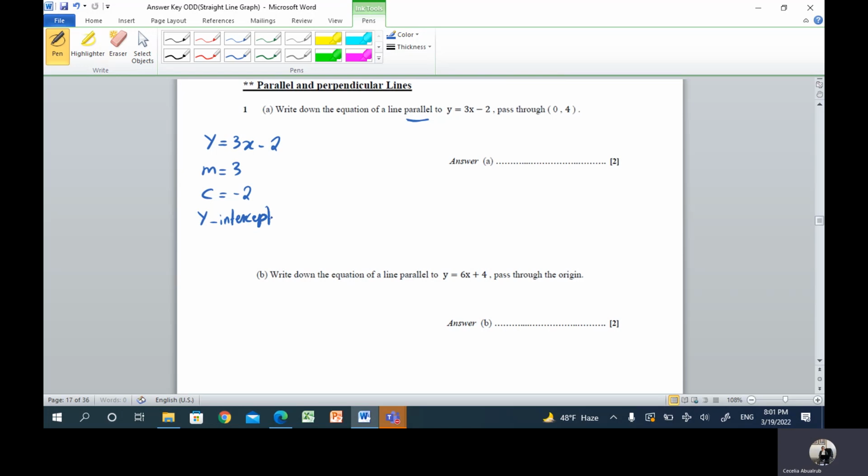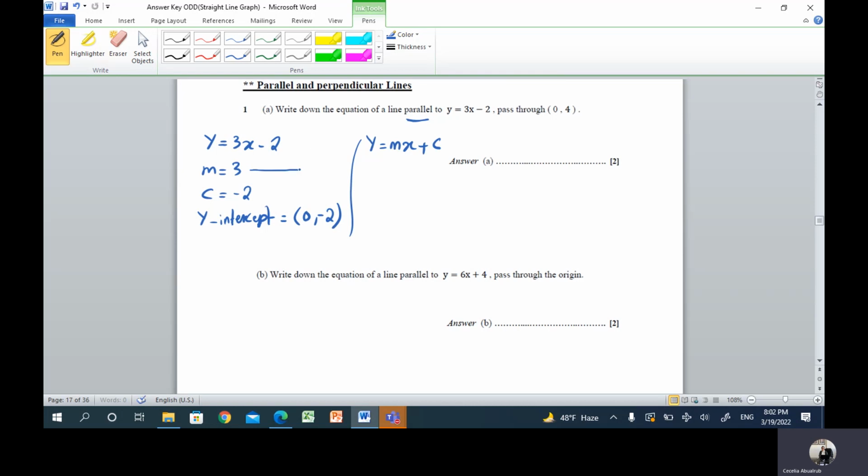the y-intercept equals to 0, -2. Write down the equation of a line that's parallel to this line and it's passing through. Okay, so the parallel line, y equals to mx plus c.